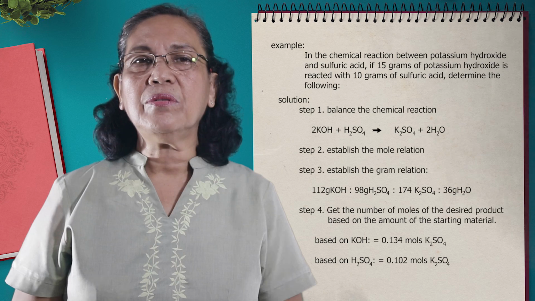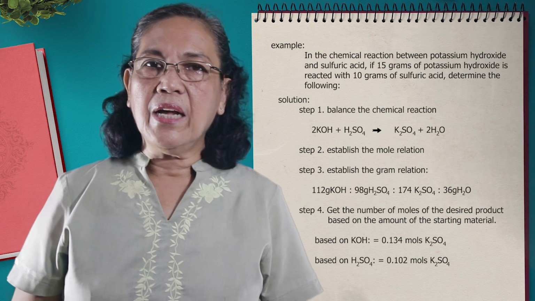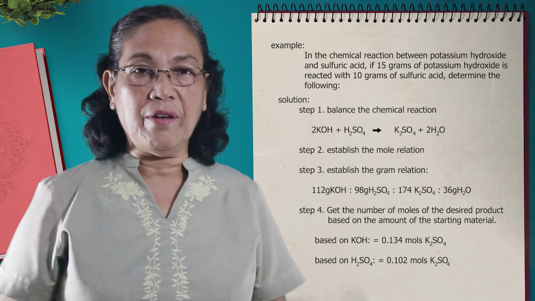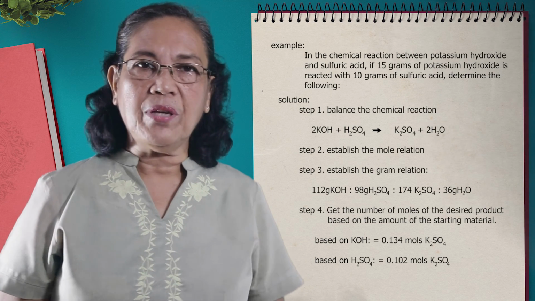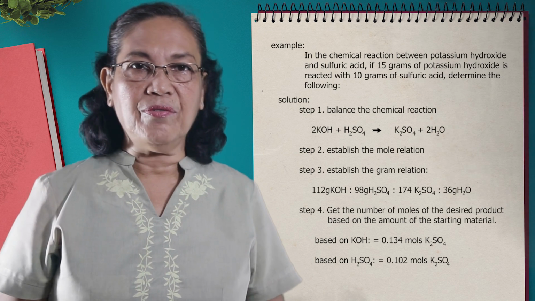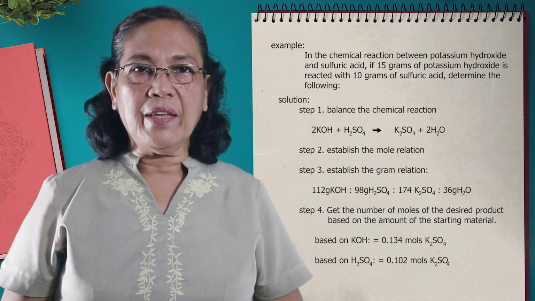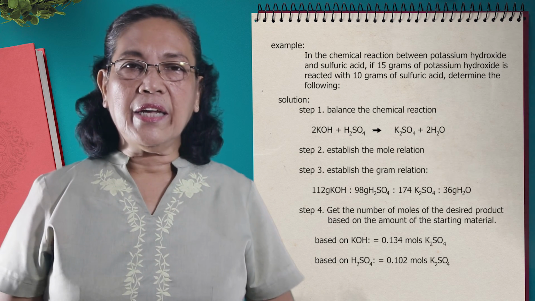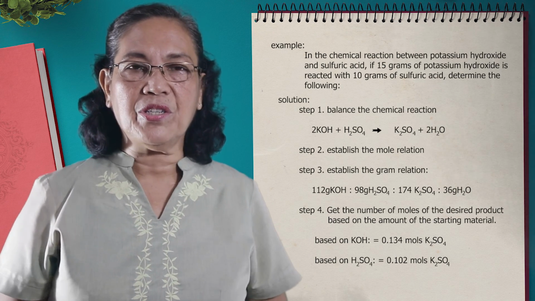Let's go to the products. Our desired product here in the problem is the potassium sulfate. Now, potassium sulfate has a formula K2SO4, meaning there are 2 atoms of potassium, 1 atom of sulfur, and 4 atoms of oxygen.